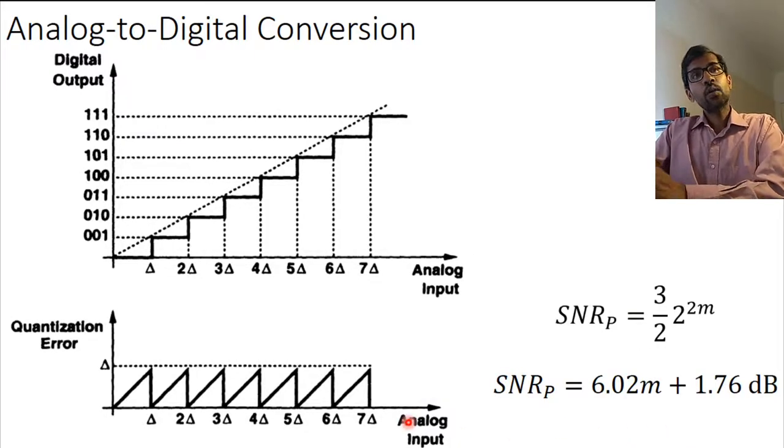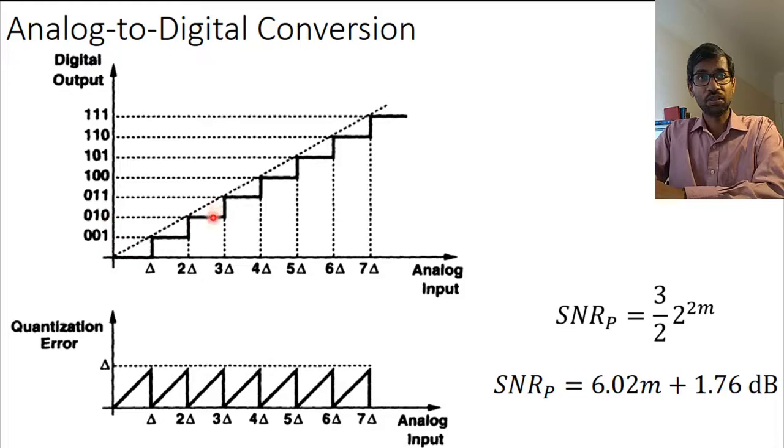If we think about what kind of error we get when we do this kind of quantization, you can see that the error when you are very close to a boundary, just at the starting of a particular interval, is 0. And then as you go towards the end of the interval, the error keeps increasing, right? So this was the analog input, but you're representing it with a number that is 010.